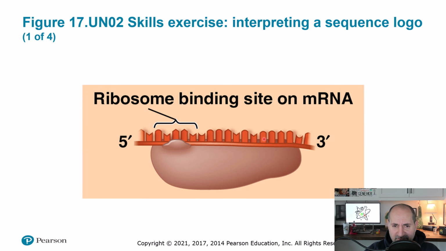Well, the very, very first thing that happens is the small subunit of the ribosome finds the 5' end of the mRNA, and it's searching for what's known as the Ribosome Binding Site on mRNA. And as its name suggests, this will allow the ribosome to bind.